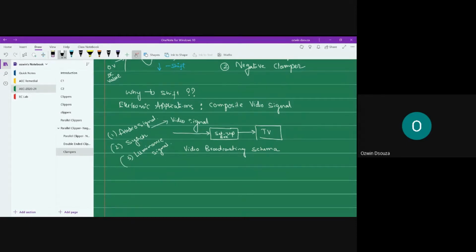Now, remember one thing, all these three signals are alternating in nature. Now, imagine that you pass all these three alternating signals with zero reference. Let's say this is your second signal, and this is your third signal.